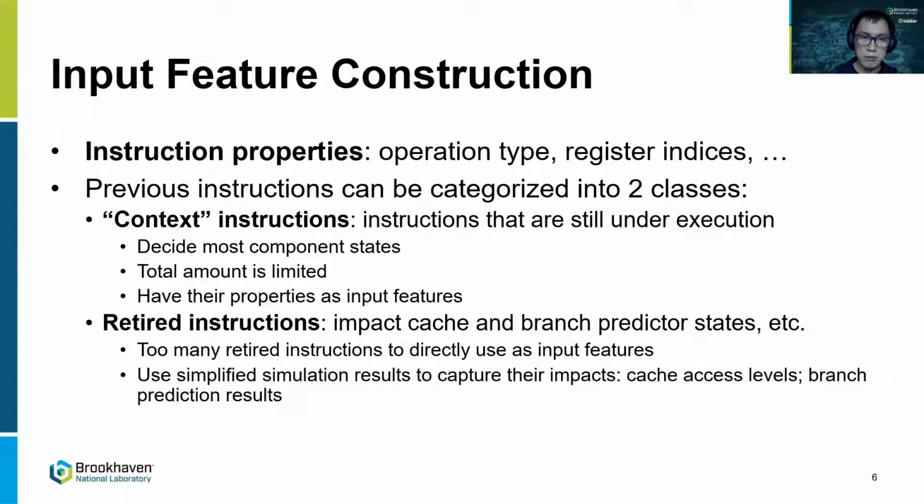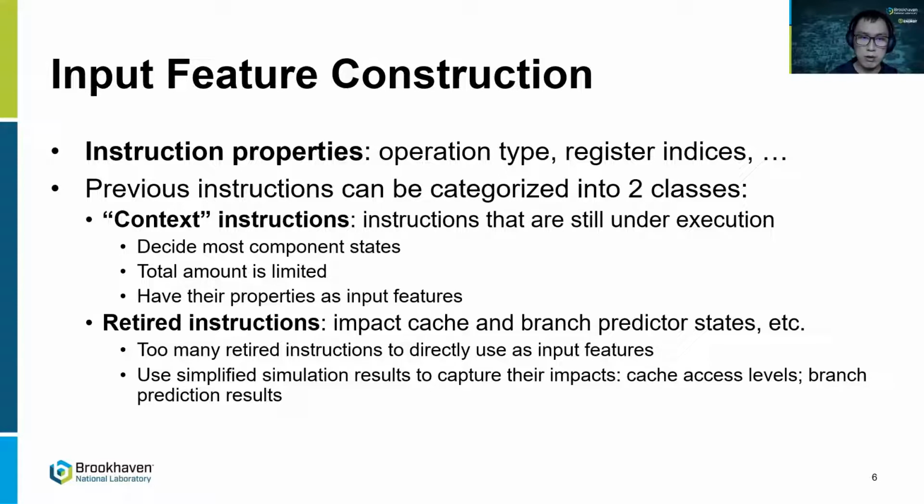The other part of previous instructions is the instructions that are already retired. All these retired instructions can impact the cache and branch predictor states. Because there are too many retired instructions, it's infeasible to directly use them as input features.